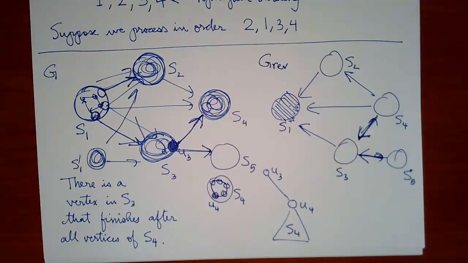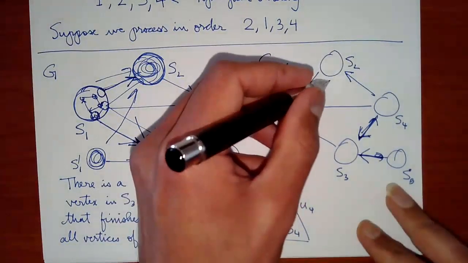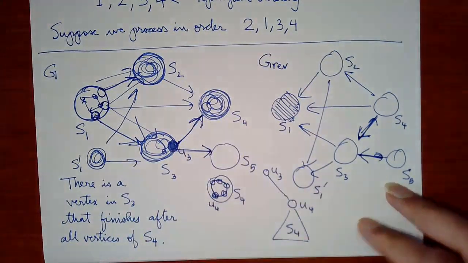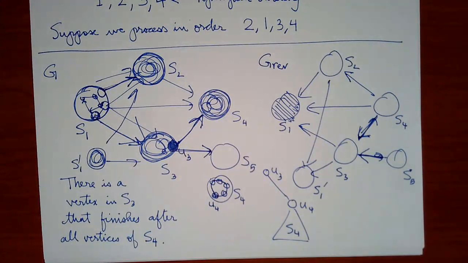So it's similar to the DAG argument. And maybe one had this S1 prime as well. So is this clear?